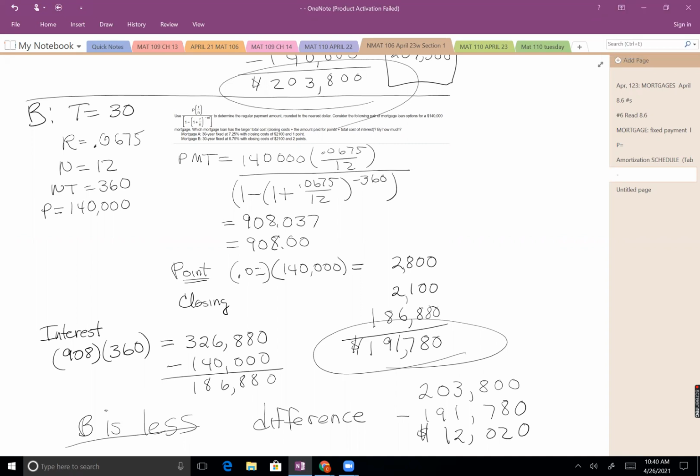Yeah, I ran into that before, because it wants us to round it up. It doesn't say to round up, but let's go ahead and see if we did the same thing, not rounding up, although I think the extra dollar in both of them would not make a difference.